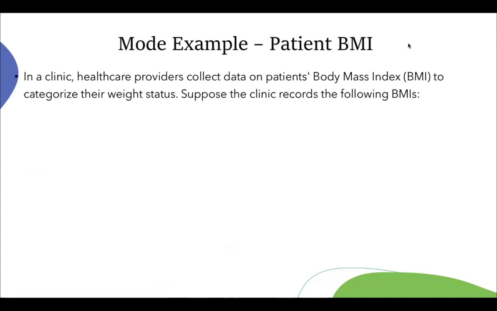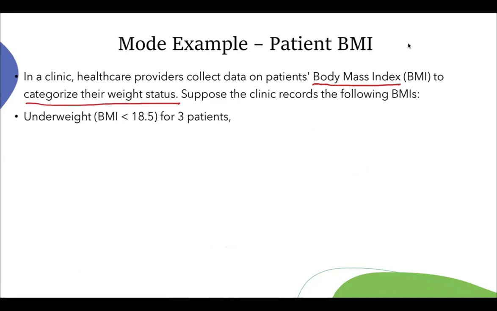Here's a patient BMI example. Body mass index, BMI. If we look at patients' BMI, we can categorize weight status. Suppose we have these clinical records. Suppose we have a BMI categorized under 18.5, and there are three patients in that category.